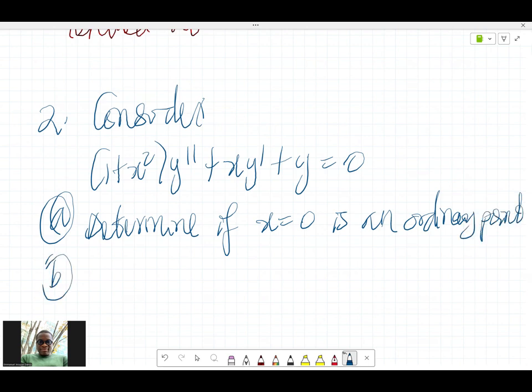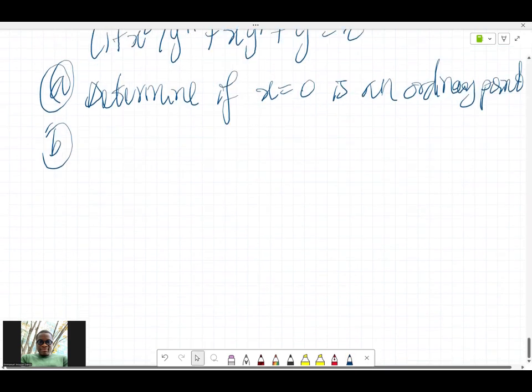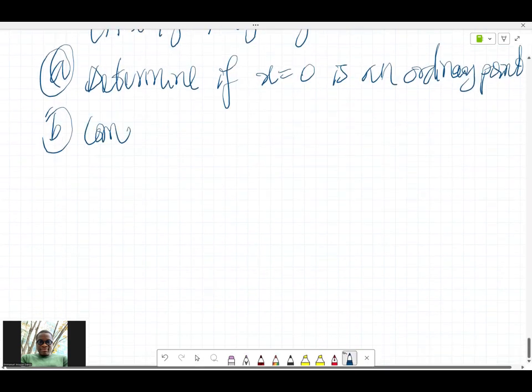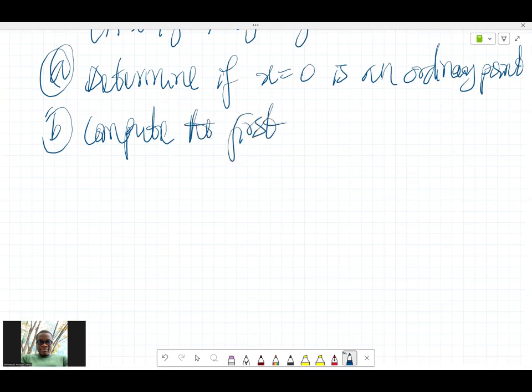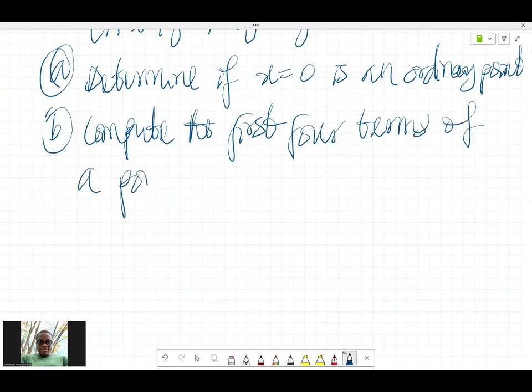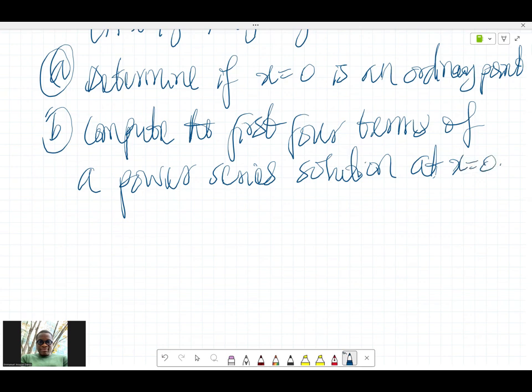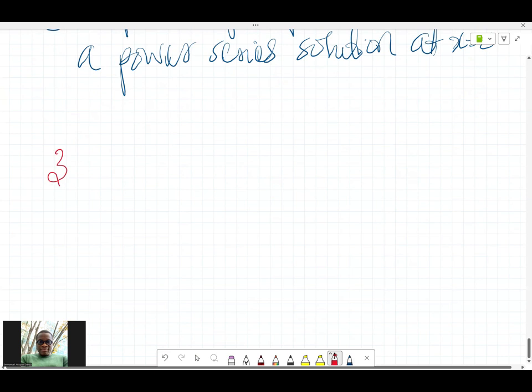B, compute the first 4 terms of a power series solution at x equals 0.